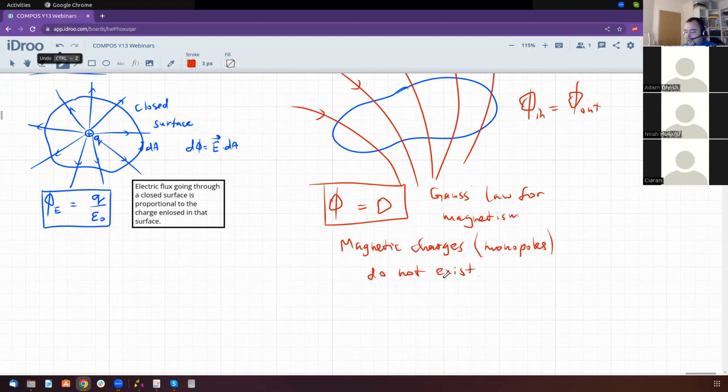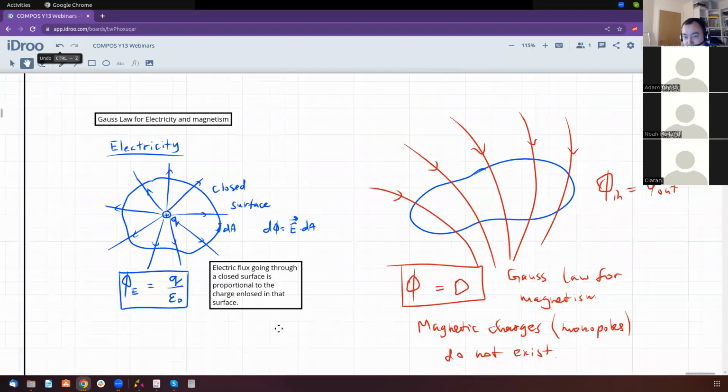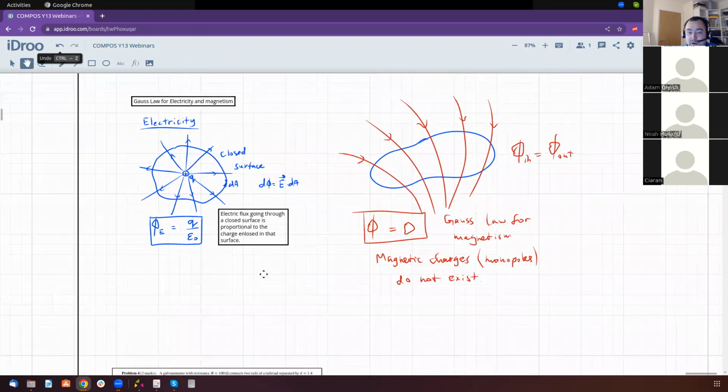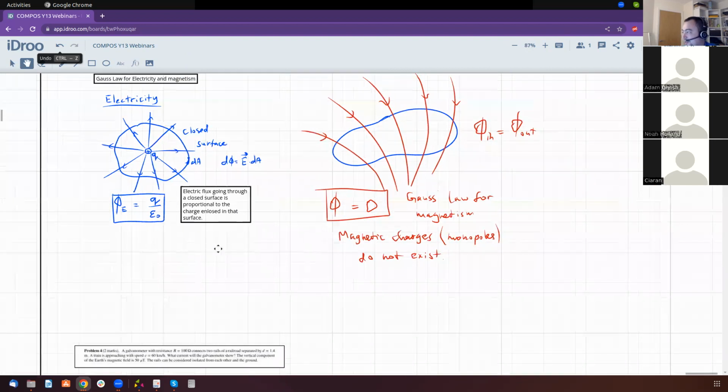You can't have just a south magnet. Now, the existence of magnetic monopoles has been argued for quite a long time, and they might exist. And if they do exist, we'll have to rewrite the laws of electrodynamics. But so far, these haven't been discovered.